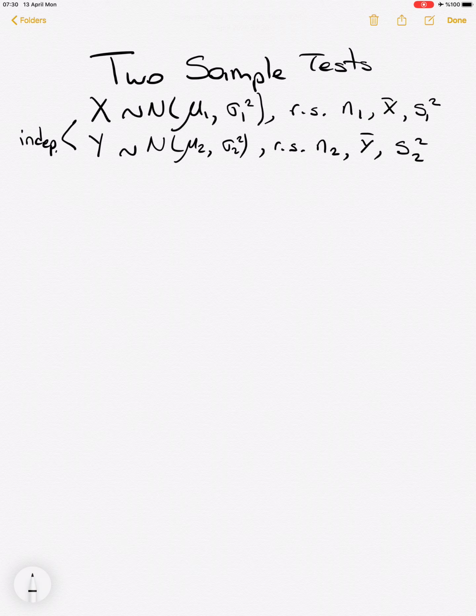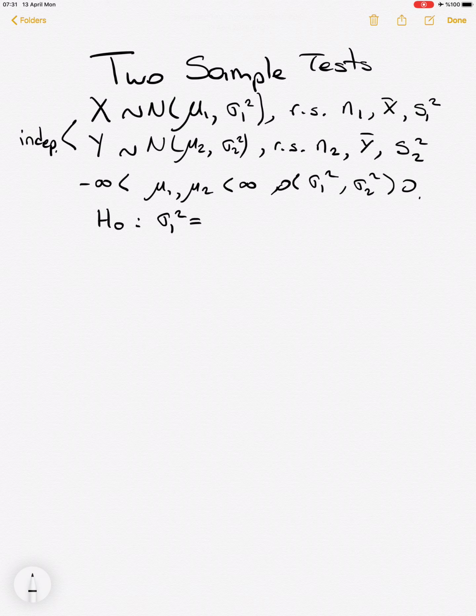So when we consider the whole parameter space without considering the hypothesis, the range of mu1 and mu2 is the whole real line, and we have sigma 1 square and sigma 2 square both greater than 0. Okay, so this is the actual range, but let's see what our hypothesis is. Here the hypothesis is that the two population variances are equal to each other versus they are not equal.